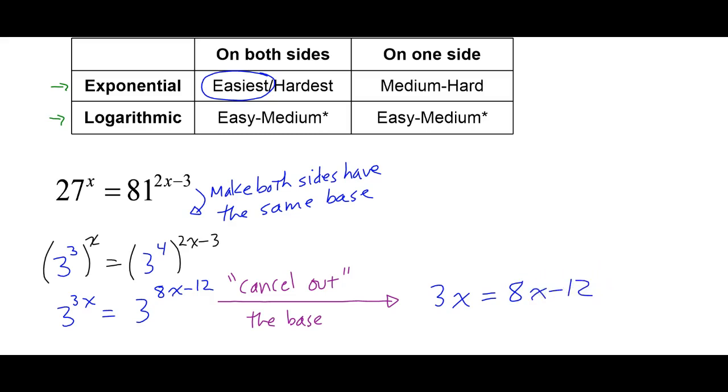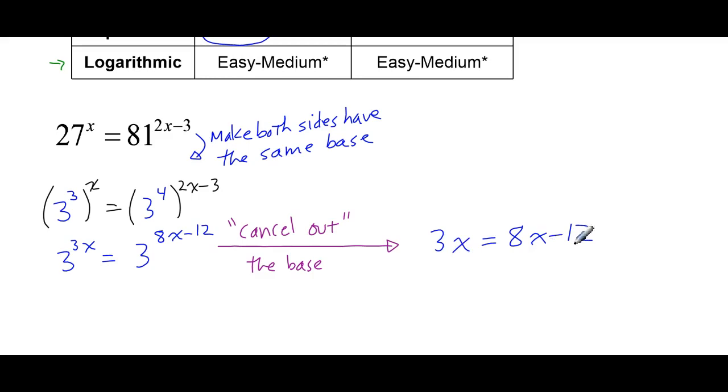You can finish that off very simply. Subtract the 3x, add the 12, divide by the 5, and oh yes, you can indeed get fractions. Don't panic. That's normal in intermediate algebra. That's kind of expected. So this is not a particularly challenging problem. Get the same base on both sides, eliminate the base, and then continue from there normally.